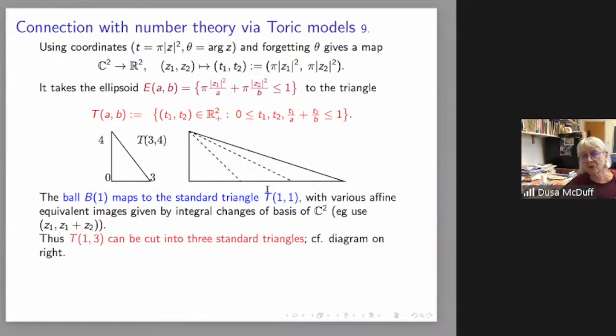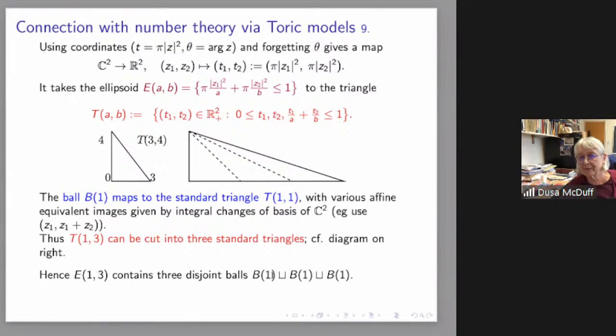So you can cut the triangle T13 into 3 standard triangles, and that tells you that you can embed 3 disjoint balls into the ellipsoid E13. Perhaps you have to take open balls, just so you don't have to deal with the boundary.